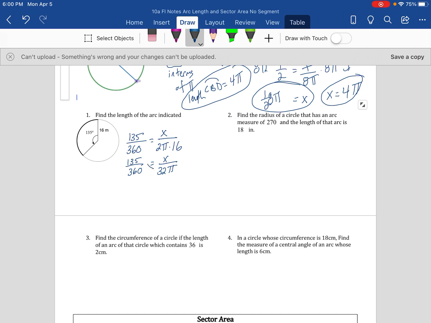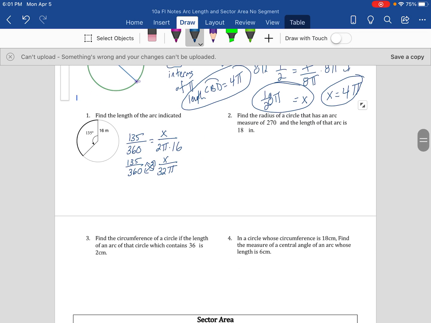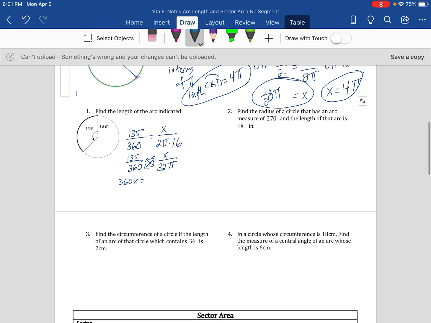We cross multiply. I end up with 360x equals 135 times 32 pi. 360x is equal to 4320 pi.